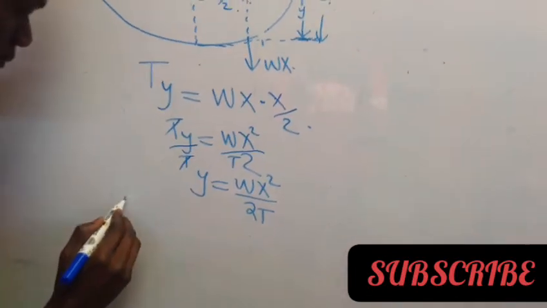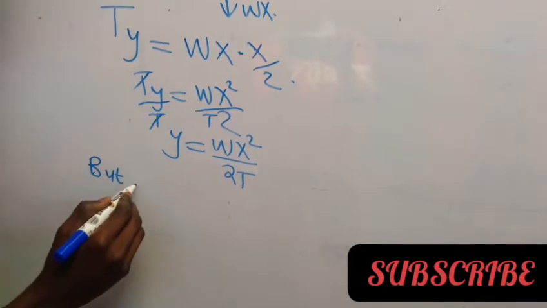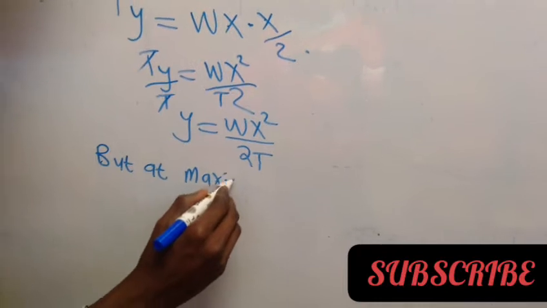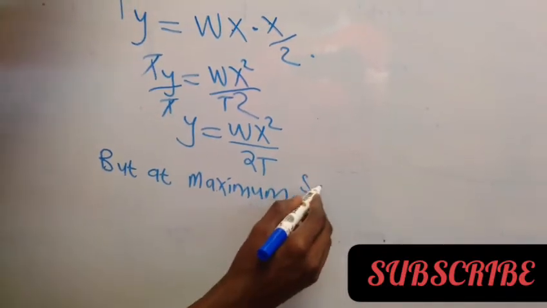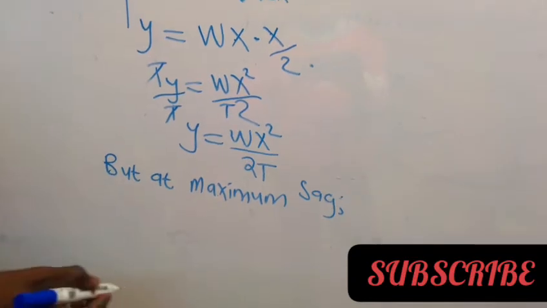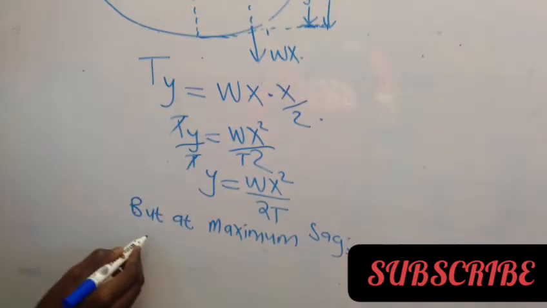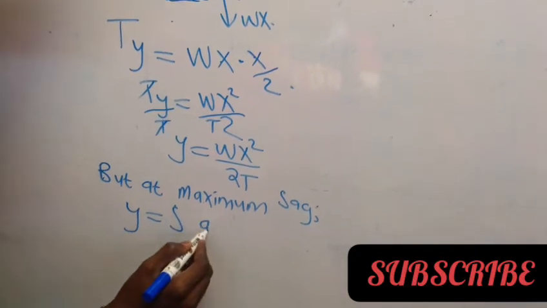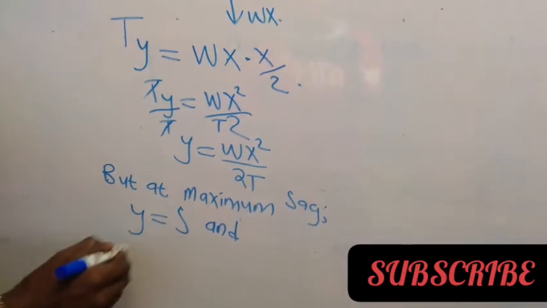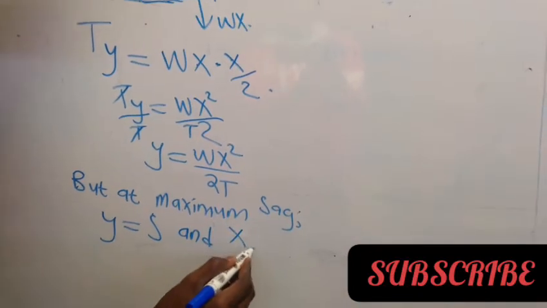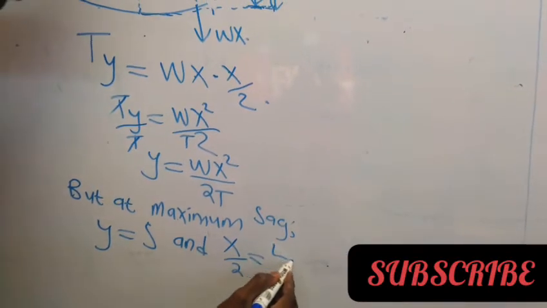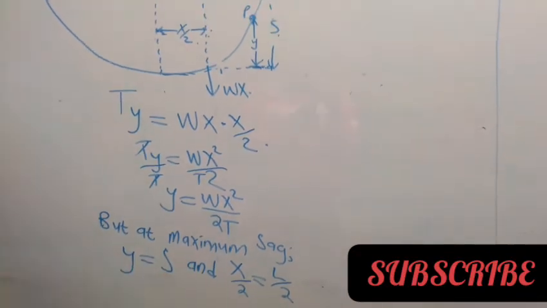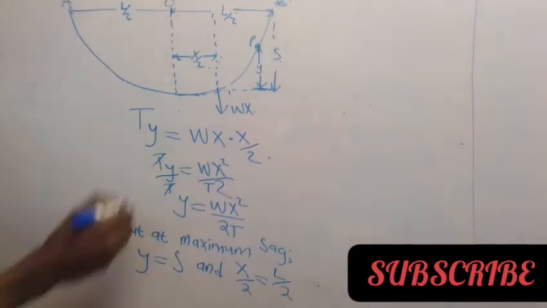But at maximum sag, we can depict that y will represent our sag, and x over 2, which is the distance, will be the same as L over 2. So we'll get maximum sag when the distance there is L over 2, this one.